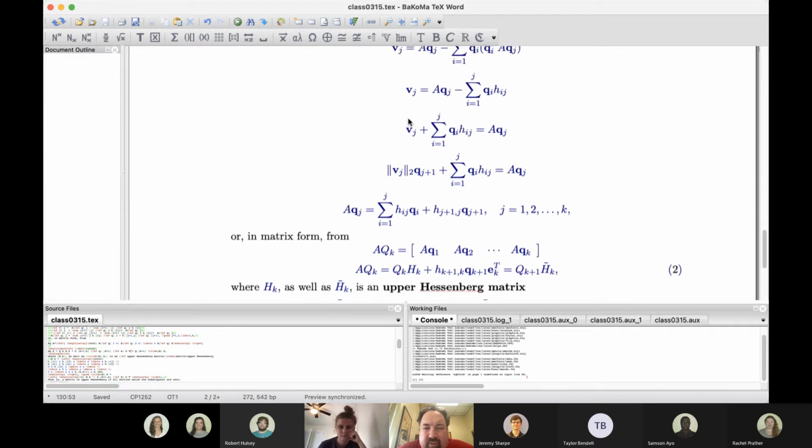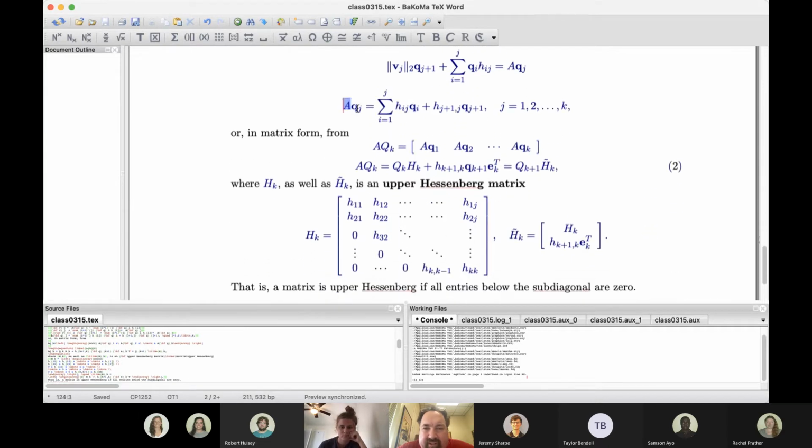When I take this column by column, and put all of these vectors together into a matrix, then if I do the same thing on the right side, these are vectors.